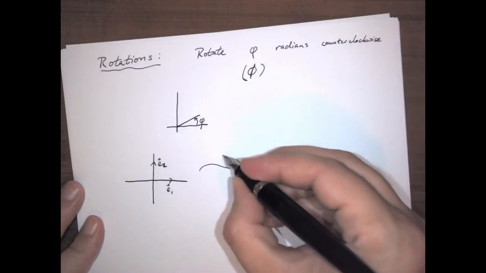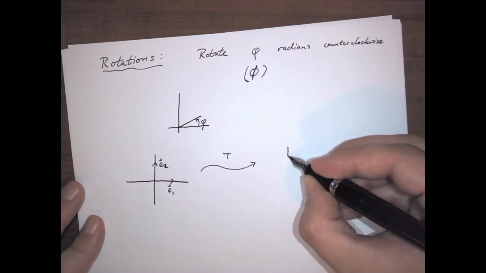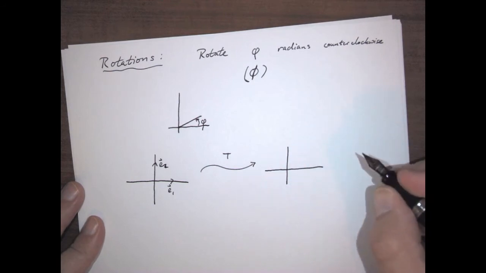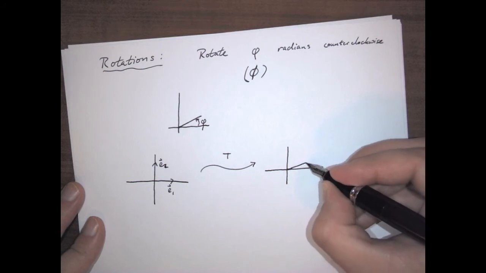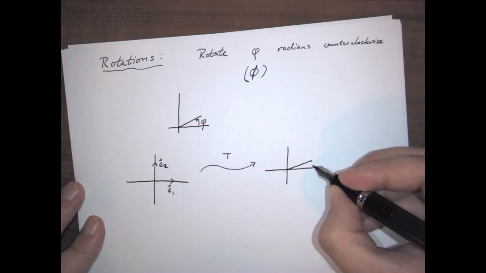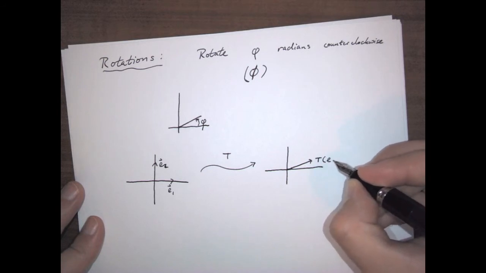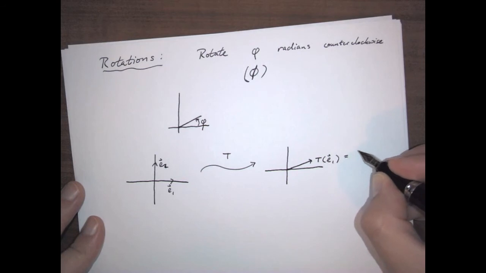But if we were to accomplish this transformation, both of these would get rotated phi radians counterclockwise. So what once was pointing along the x-axis is now pointing a little bit off the x-axis. So this is T of E1. And without being able to figure out quite yet what these are, let's just say A and B.